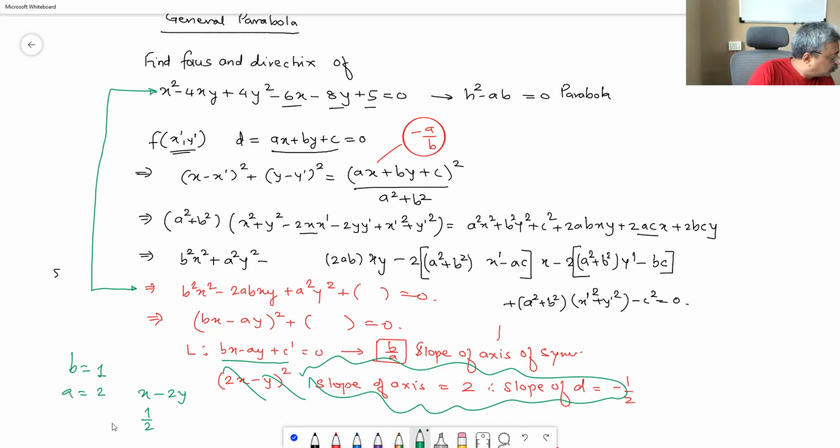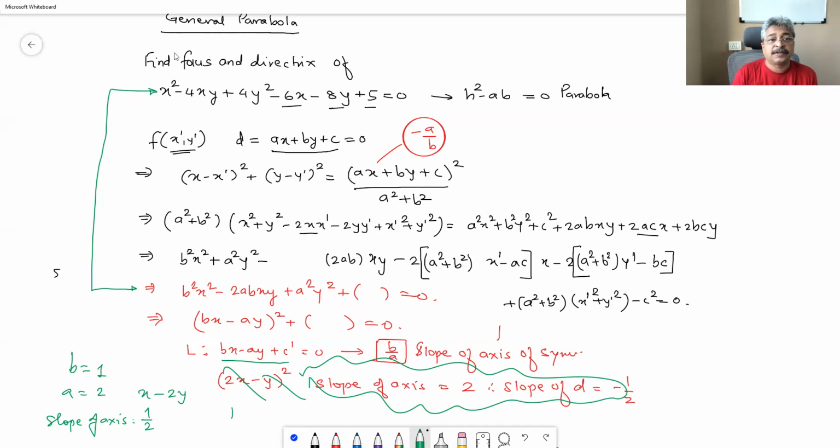That is the slope of the axis of symmetry. Right? Okay. The slope of the axis of symmetry is going to be 1/2, and your directrix is going to have slope minus 2. That is full and final.